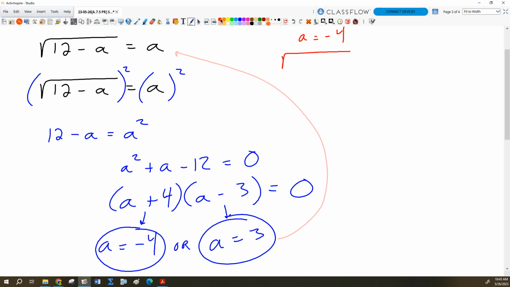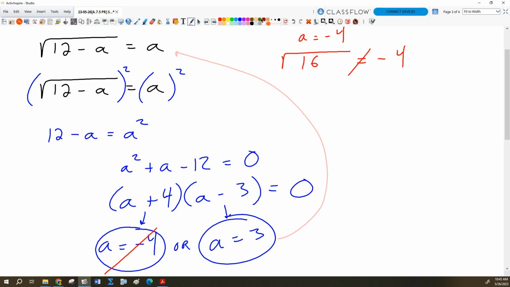What's that? It's +4. So I'm going to get 16. Square root of 16 equals a, which is -4. True or false? False. Okay, that one is not true. So that's telling us that solution was extraneous. Cancel that one.